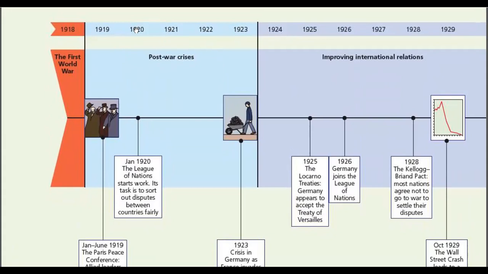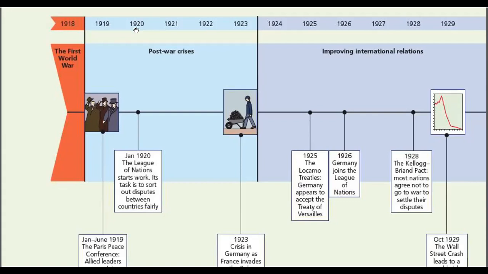The League of Nations: after World War I, some countries came together, so they are called a nation. They start working together. Its task is to sort out disputes between countries fairly, without any excuses.